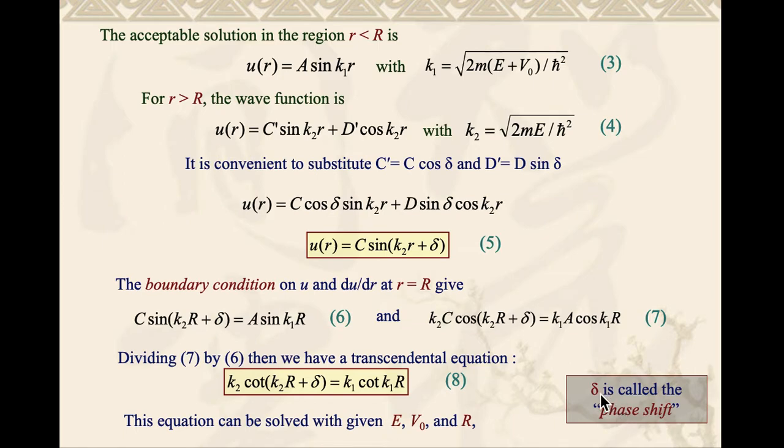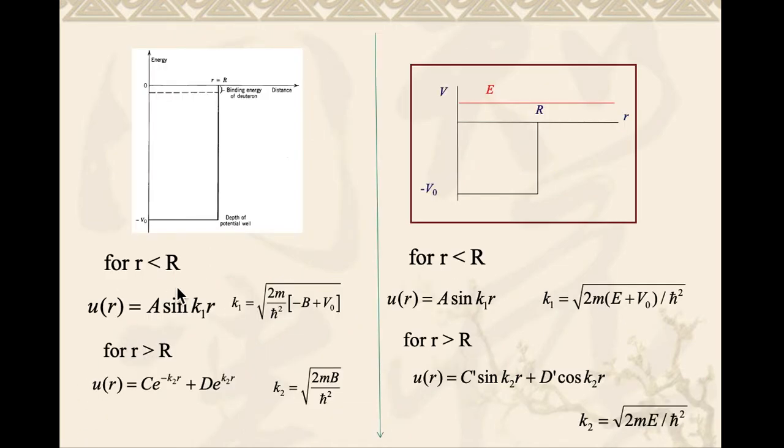And this term delta is called the phase shift. And why it is known as phase shift, or what is the interpretation of that phase shift, that we can do. So first, before that, we can make a comparison, and this was our deuteron. Minus V0 up to r equal to R, and this you have considered as the binding energy of the deuteron.